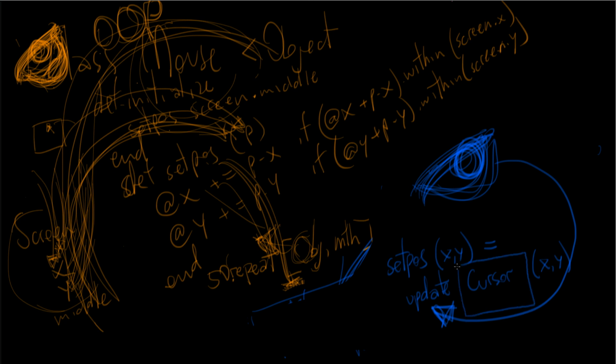Cursor is a signal, right? And you're saying update that signal with these values. And because the Oracle manages signals, it goes, okay, sure, puts X and Y there, and then that moves the cursor.